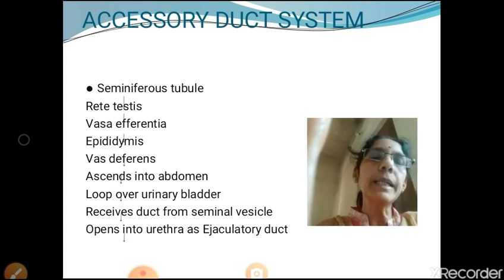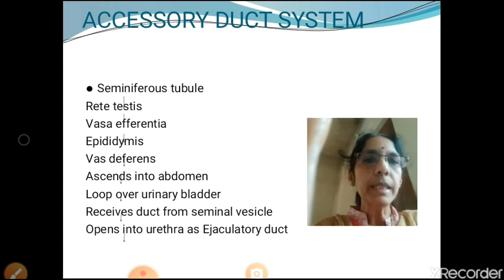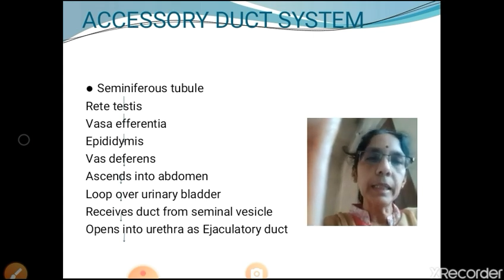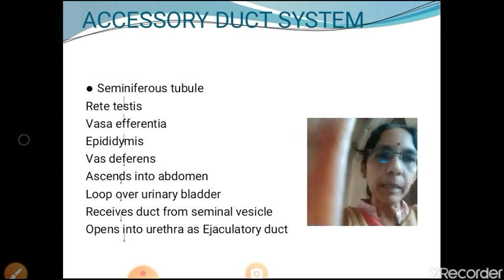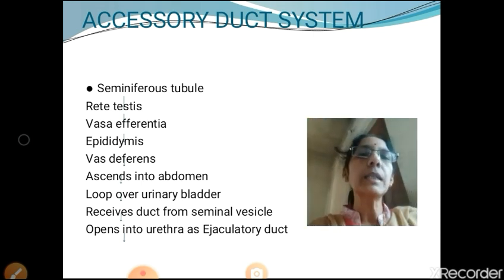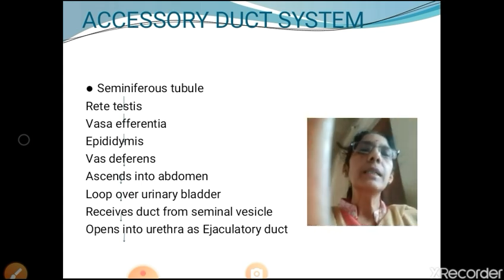At that point it receives a duct from the seminal vesicle. The seminal vesicle is an accessory reproductive gland.